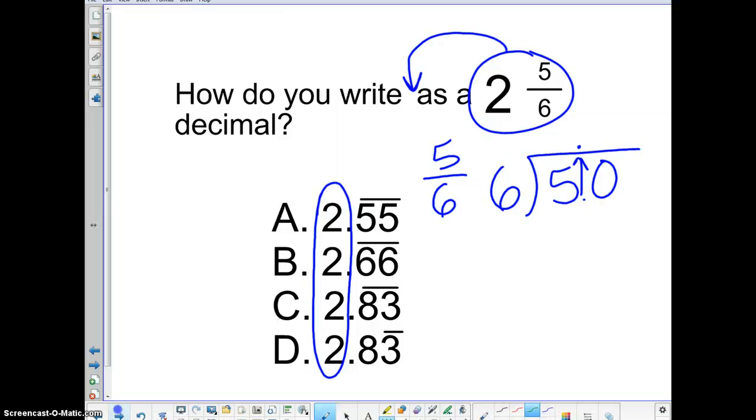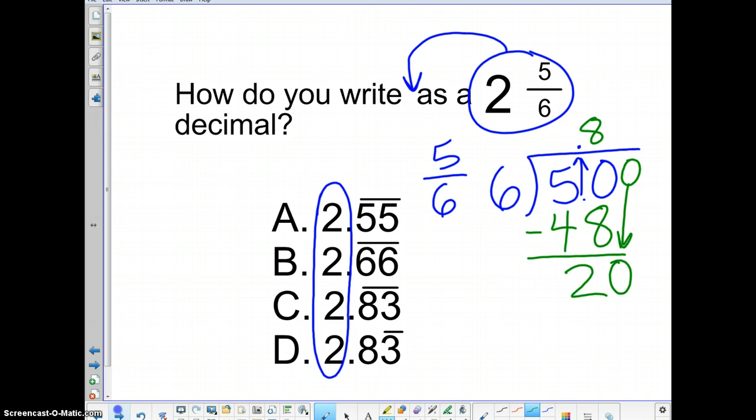And we say 6 goes into 50 8 times. 8 times 6 is 48. 50 minus 48 is 2. Add a 0, bring it down. We get 20. Next step, 6 goes into 20 3 times. 3 times 6 is 18.